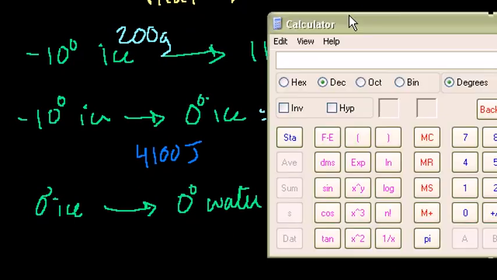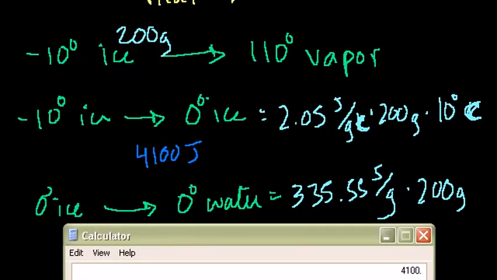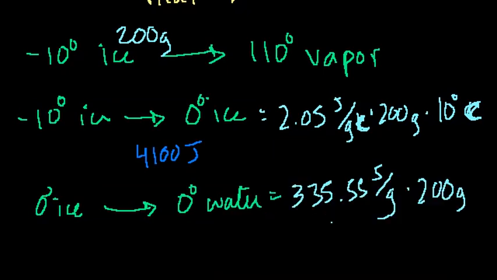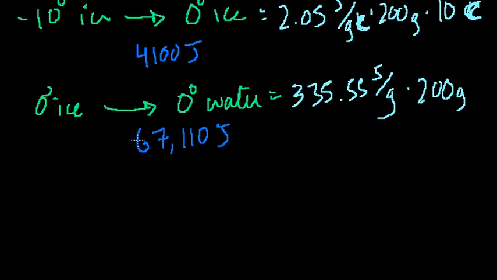Let me get the calculator out. 335.55 times 200 is equal to 67,110 joules to melt the ice, or take it from ice to water.